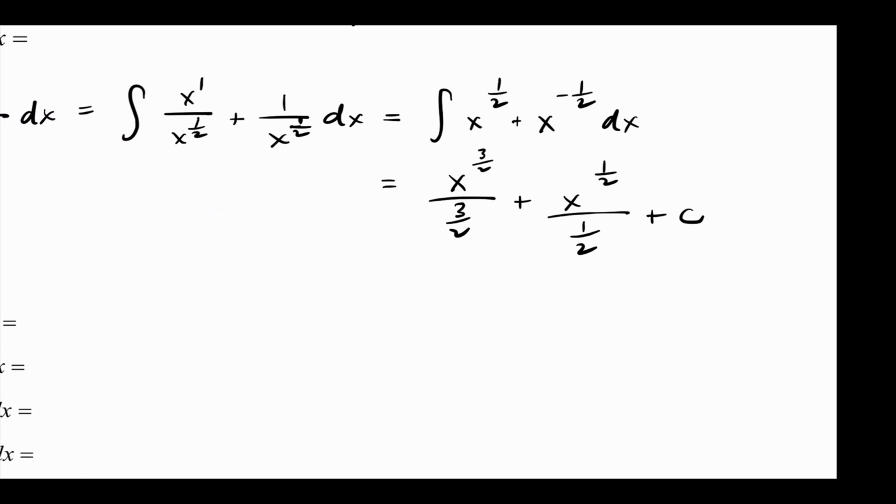Instead of dividing by a fraction, you can do what? Yeah, multiply by the reciprocal, right? So really what you're doing here is multiplying by 2/3 and multiplying by 2.